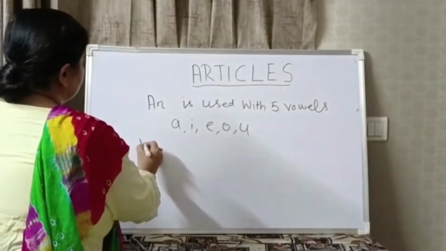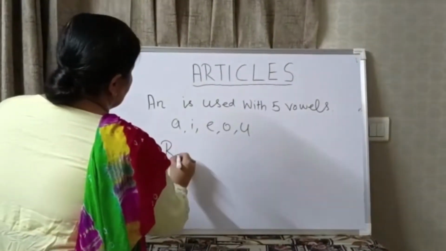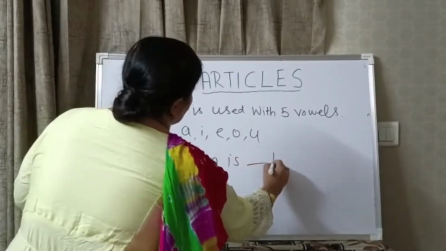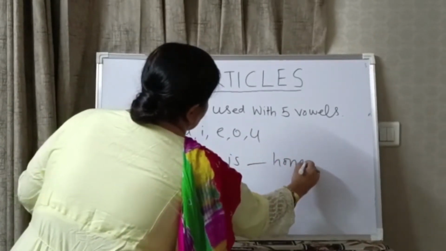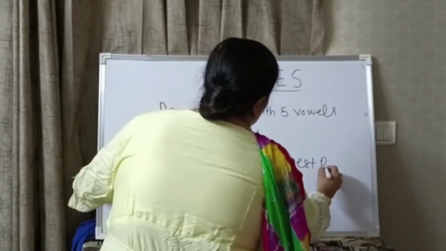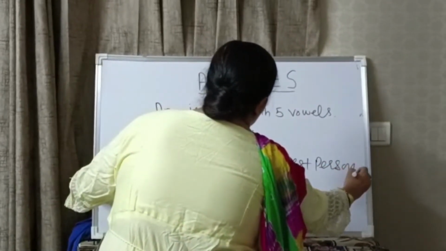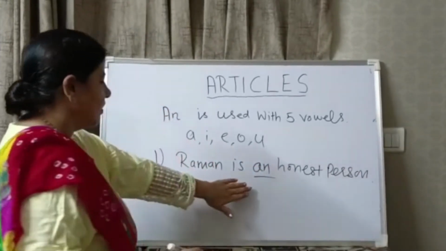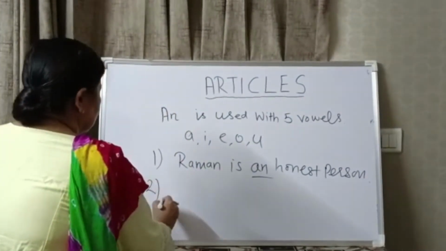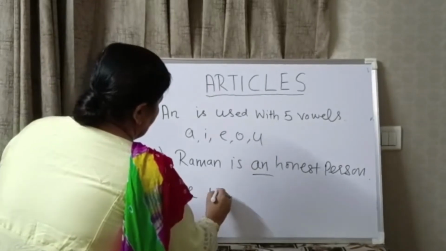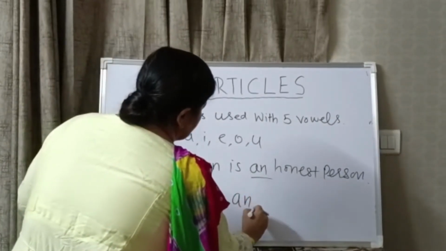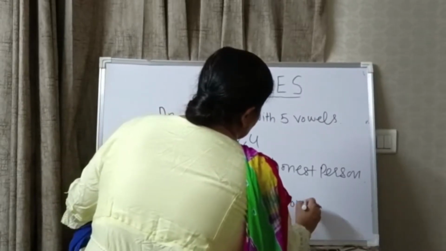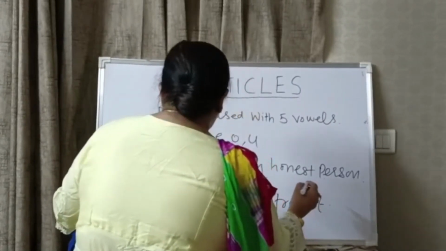There are some examples. Suppose I said Raman is dash honest person. Here I will write down an. यहाँ हम A नहीं लिखेंगे, an honest person. He is an introvert. इंट्रोवर्ट होते हैं ना, जो मन में रखते हैं बात को, ज्यादा एक्सप्लेन नहीं कर पा सकते.